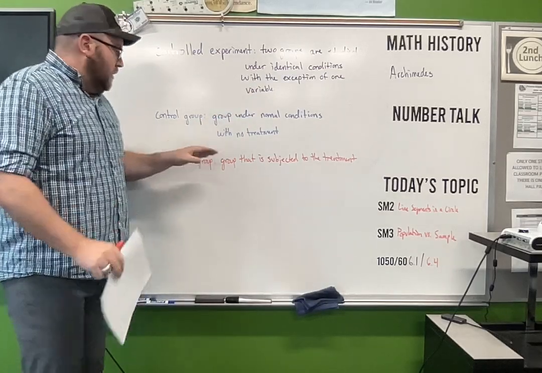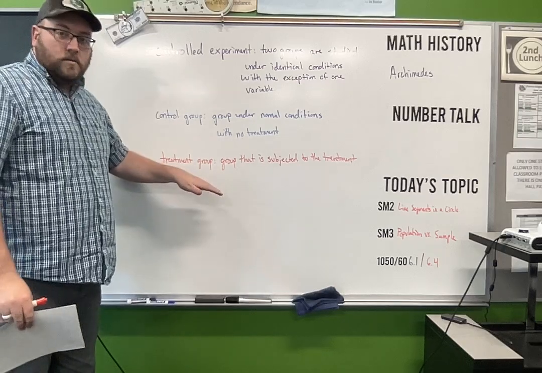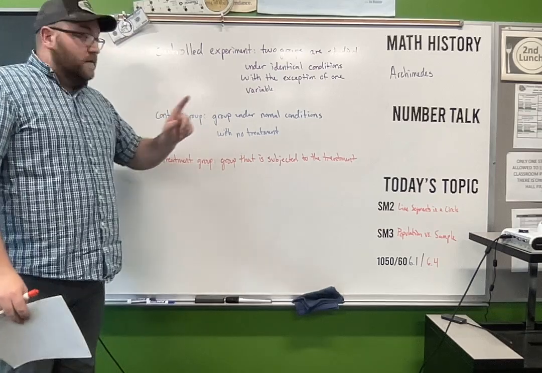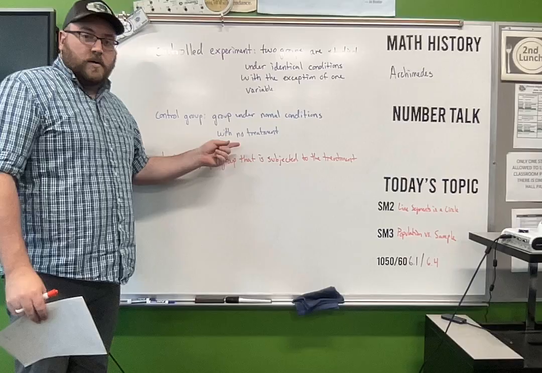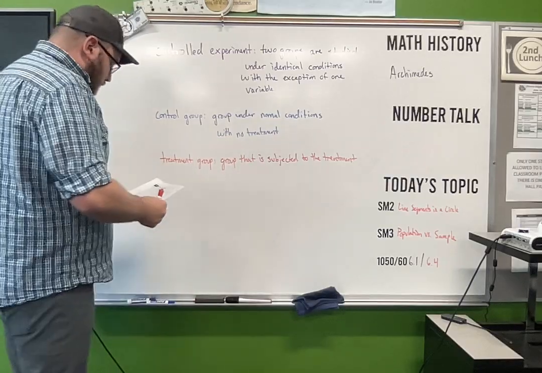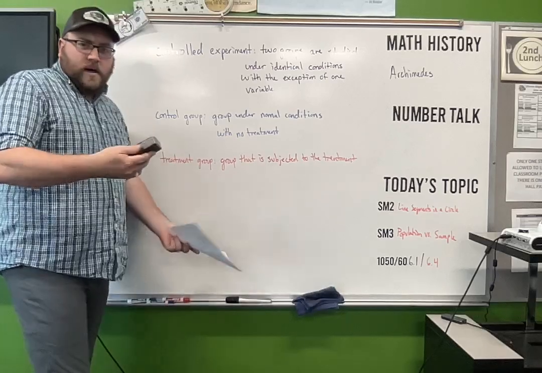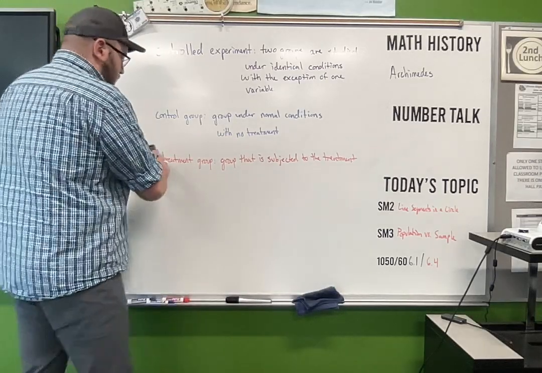Okay, so the difference between the control group and the treatment group is everything is identical, or should be, as close to identical as possible, except for that one variable you're testing. The treatment group gets that variable, the control group doesn't. Okay. Now remember, obviously you can pause the videos, right? Because I know I'm going fast, so pause the video so you can write things down.